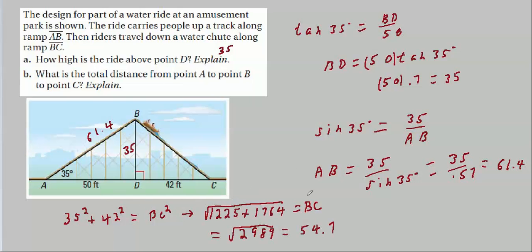That's the square root of 2989, or 54.7. If we add these two up, we get 116. So our answer, how far above ground does this ride get? 35 feet. Total distance covered, 116 feet.